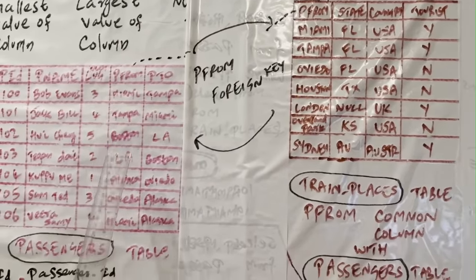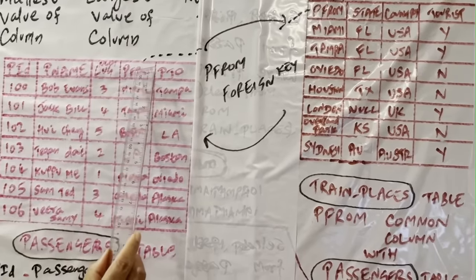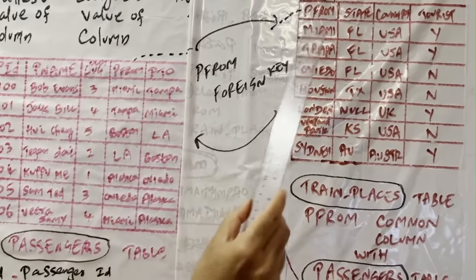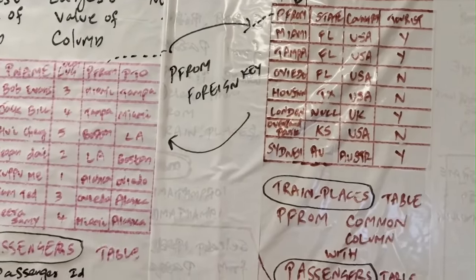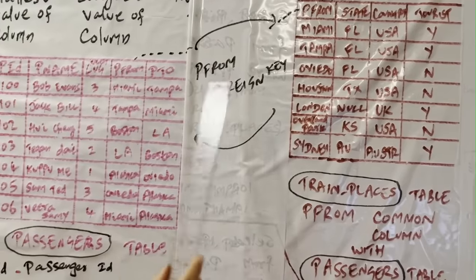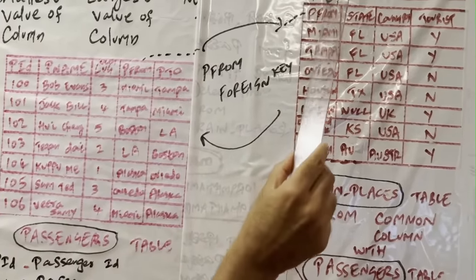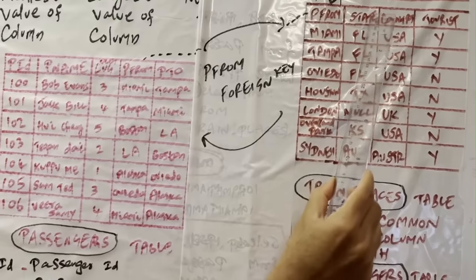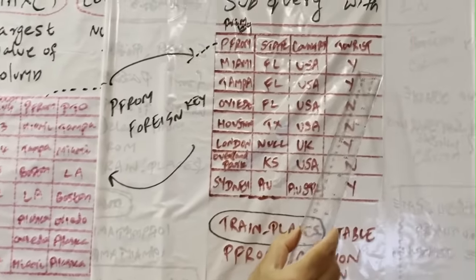So when you create the table, you will be creating the primary key on PID, and the foreign key P from references this table where it is the primary key. So that's the relationship between primary key and foreign key. Here it's foreign to this table, but there it's the primary key. Here it displays all the state, country, whether it's a tourist spot or not.